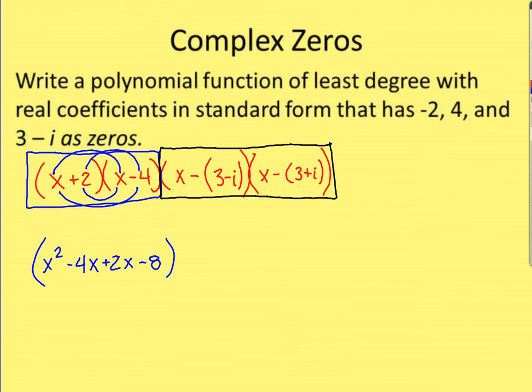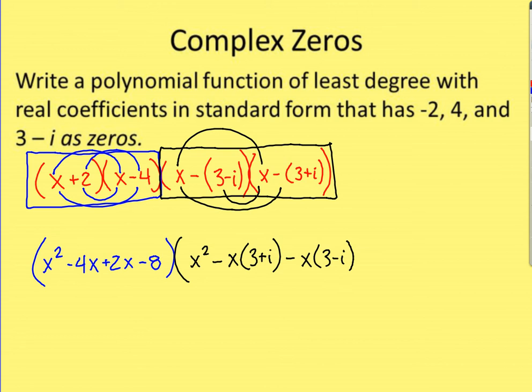Inside the black box, we're going to FOIL. x times x gives us x squared. x times negative 3 plus i will be minus x times 3 plus i. Inside, we're going to have minus x times 3 minus i.